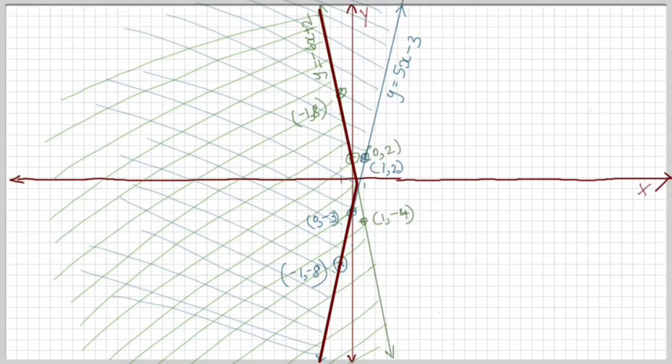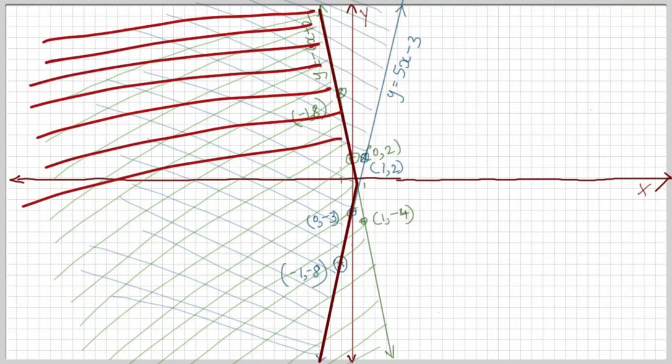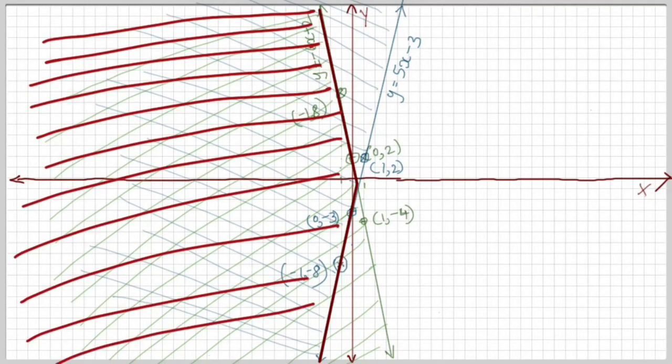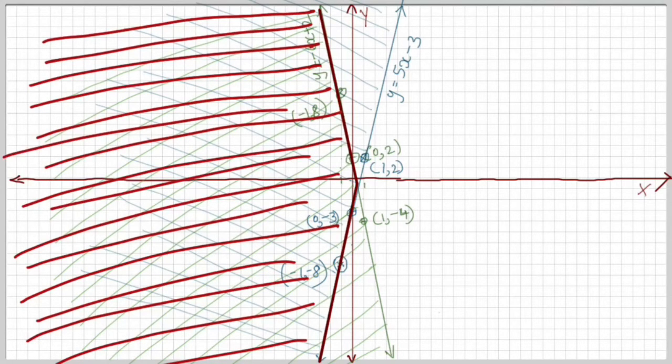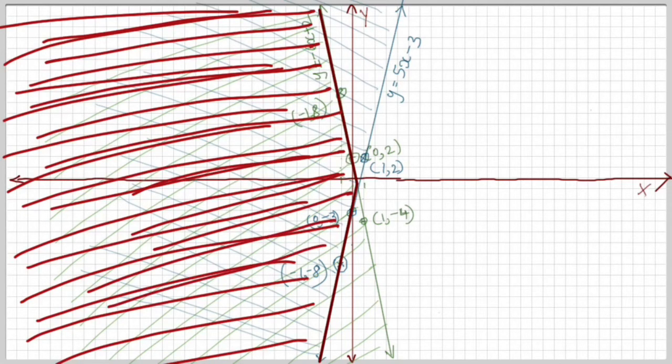Lines going this way and lines going this way. So this area is really the solution of this system. This whole area is really the solution for this system. All right. Okay. Thank you.